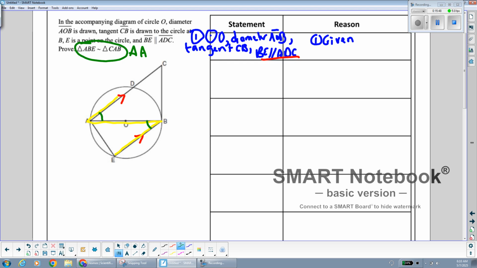So I already got one congruent pair of angles to prove my triangles similar. And I'm going to put that down in my proof. Angle CAB is congruent to angle ABE. And I'm going to write my reason down.